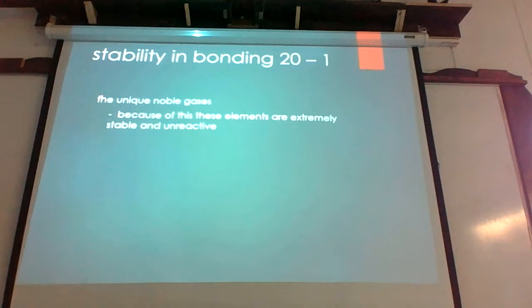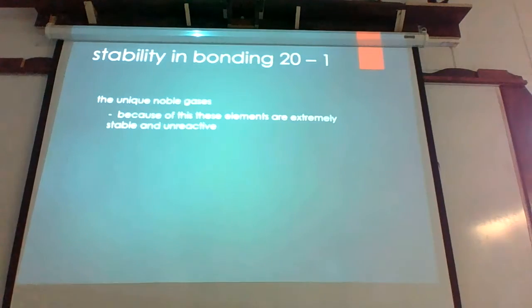So, again, unique noble gases. Even if we didn't see this, what makes them unique? Yes, when you look at column 8, they are chemically stable because their outer energy level is full.